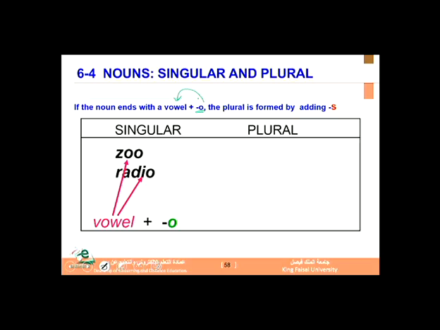Look at the words zoo and radio. Zoo, O, O. So this is the end O, and before O we have a vowel. Radio, we have O, but before O we have a vowel. In this case, to make a plural, we add S only, but not ES, just S. So zoos and radios.